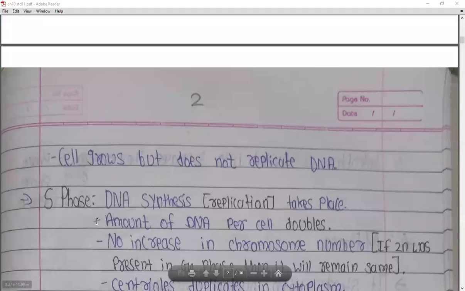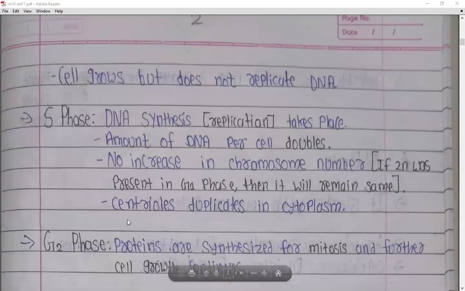The next phase is the S phase. In the S phase, DNA synthesis takes place. The S stands for synthesis. So here in the S phase, replication takes place, and that is nothing but DNA synthesis, right? The amount of DNA per cell doubles, right? So here the doubling of the DNA takes place, which is nothing but the replication process.